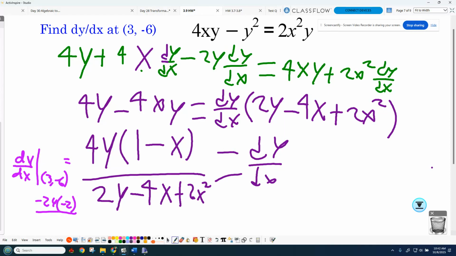Okay, well, 4y is -24, 1 minus 3 is -2. 2 times y is -12. Alright, so I just forgot this. And -4 times x is another -12, plus 2x squared, which is 18.